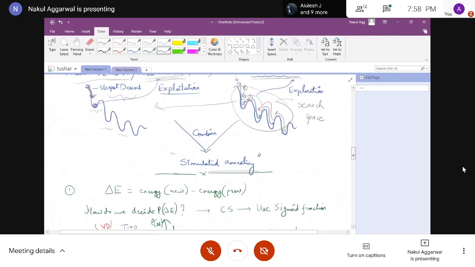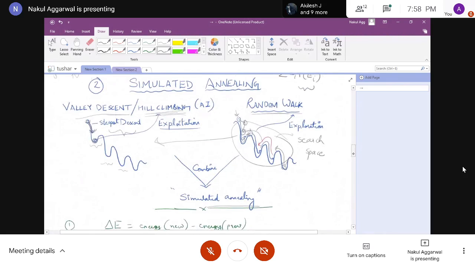So what is the algorithm for simulated annealing that combines the advantages of both these algorithms? Hill climbing is heavily used in artificial intelligence, and in other areas as well, because it's very cheap. Sometimes you're not interested in the best solution, you are interested in the lowest lying energy states.